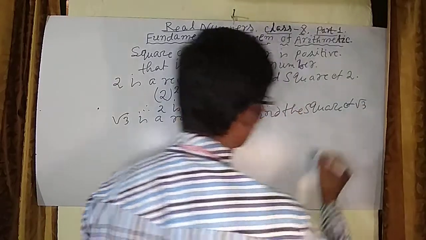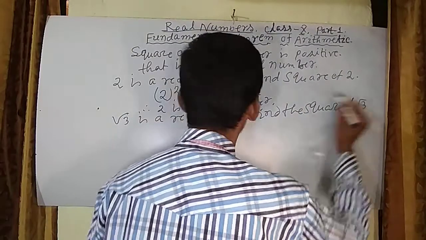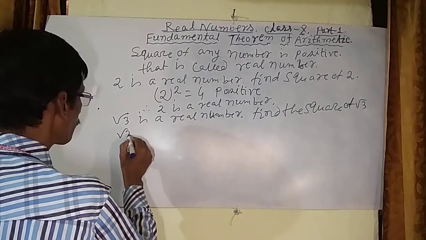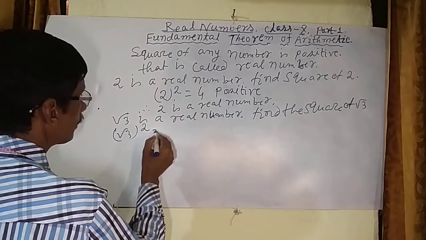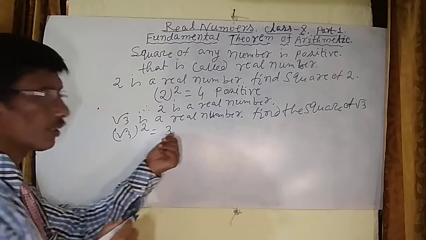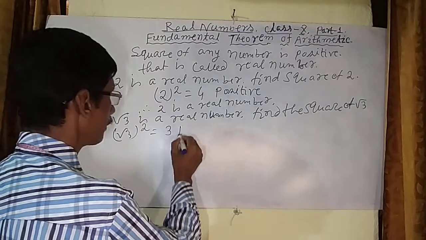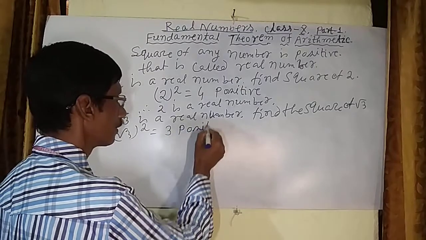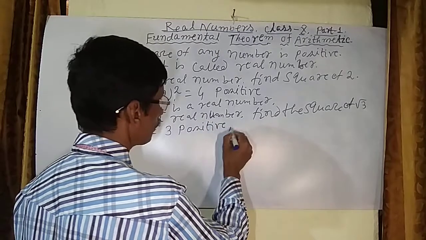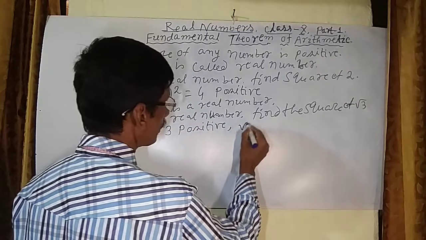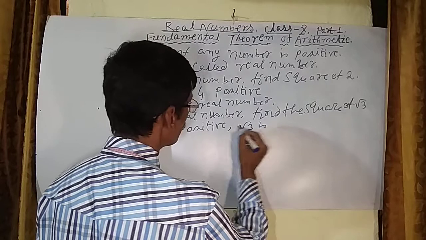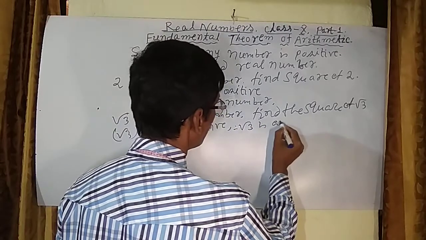The root 3 square is equal to only 3. This is also positive. So therefore root 3 is a real number.